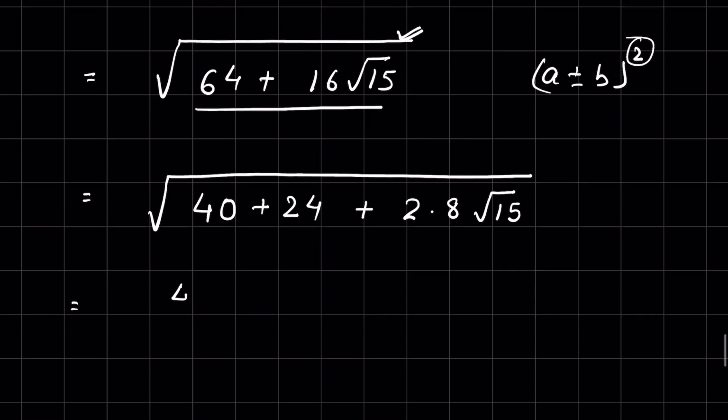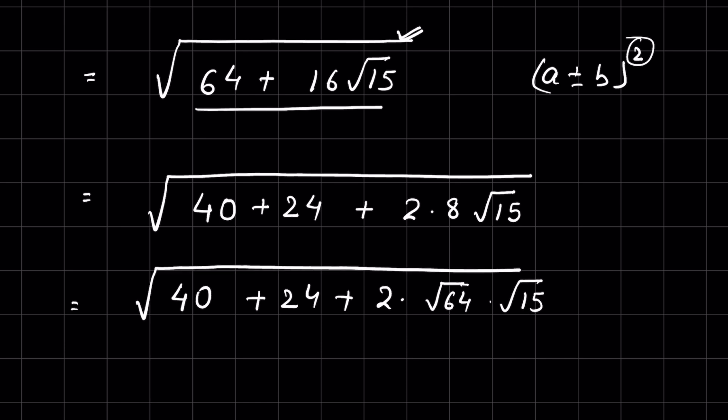Or 40 plus 24 plus 2 times 8, we can write 8 as square root of 64, because square root of 64 is 8, then times square root of 15, under square root.